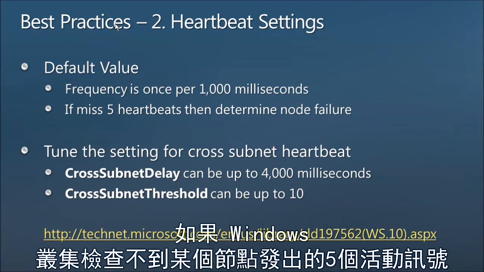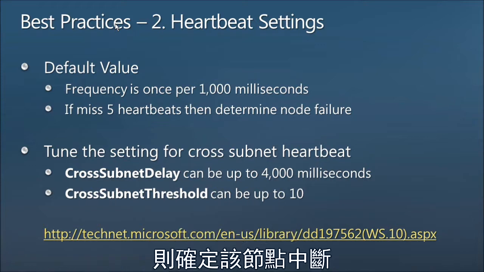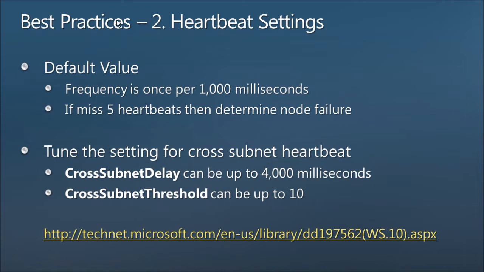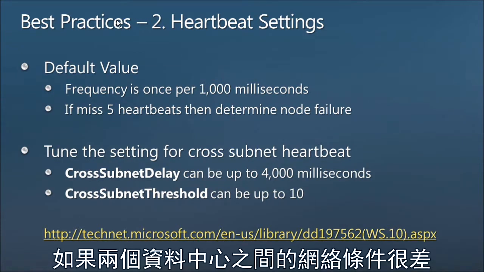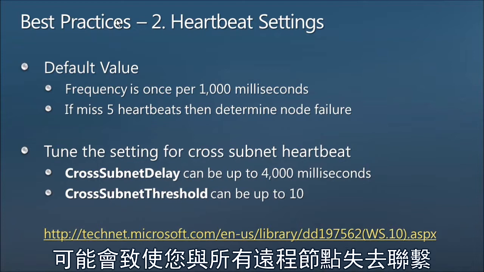If Windows cluster cannot detect 5 heartbeats from one node, it will determine that the node is down. If you have a bad network condition between your 2 data centers, a network glitch can cause you to lose all the remote nodes.